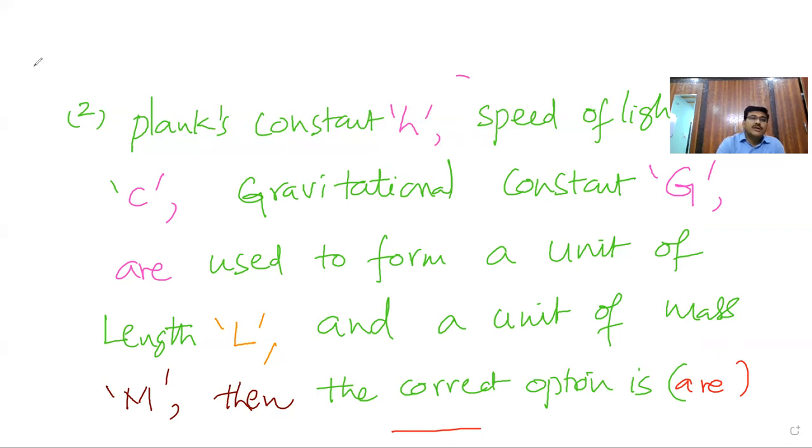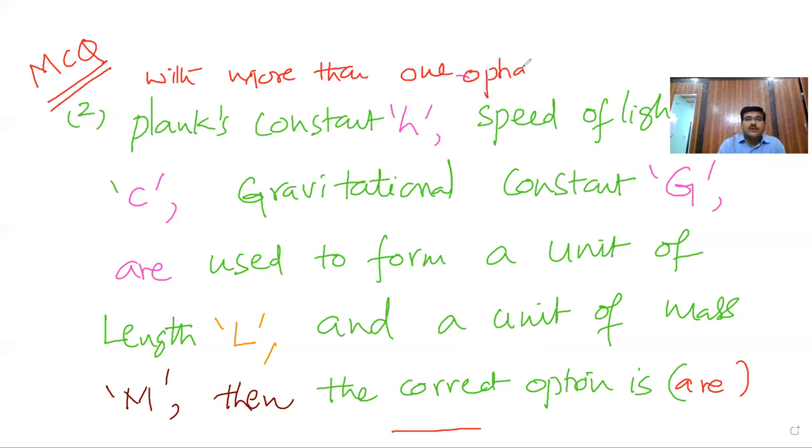Such type of questions are known as MCQ, multiple choice questions with more than one option correct. Clear? That means the question will have more than one answer.